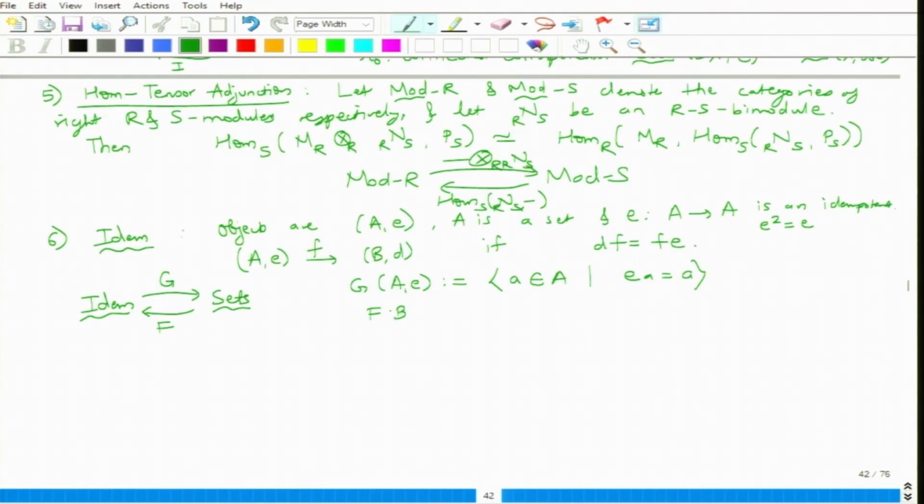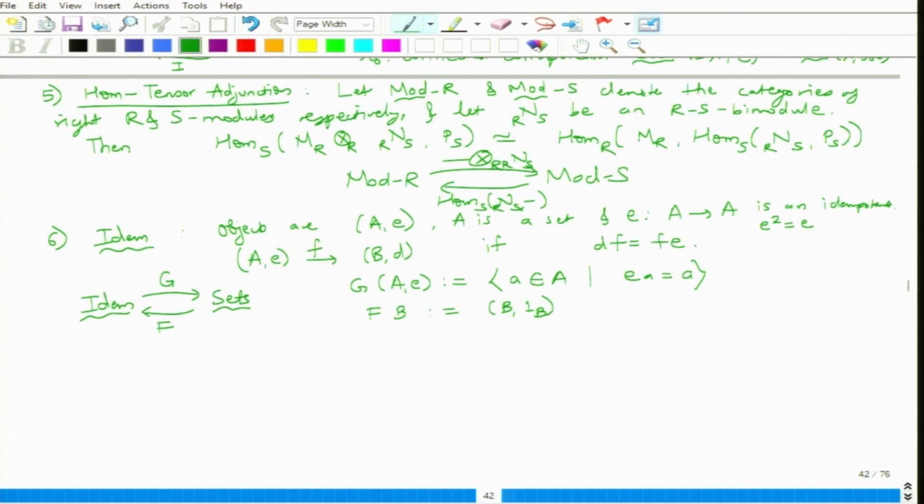But transposition is not even defined on a set, so why should we talk about it? There is no minus sign, there is nothing. F of B is defined to be (B, identity on B). So that is F.